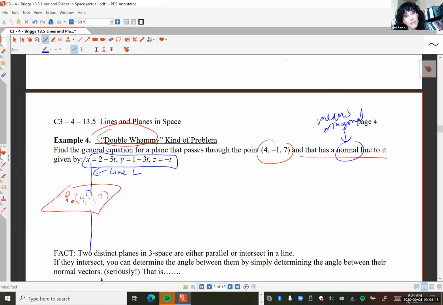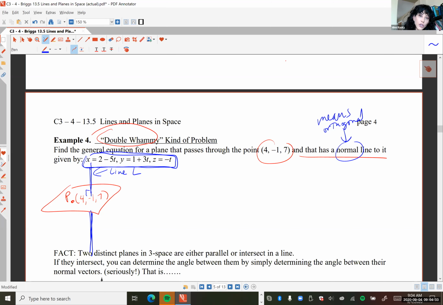So be careful. Do you guys remember that in order to come up with the parametric equations for a line, you needed a point that lived on the line, and you needed a direction vector for the line.